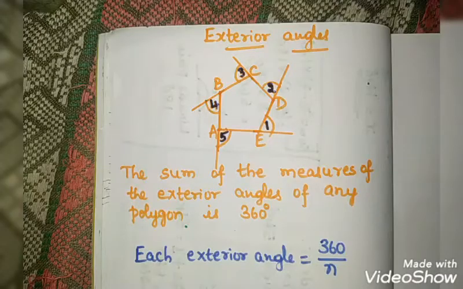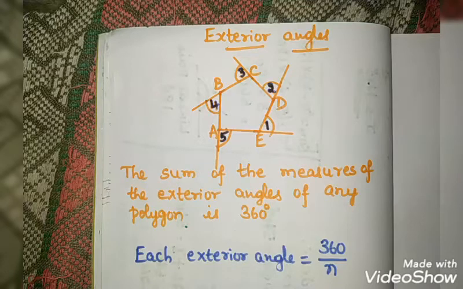Children, let us try to know more about polygons. Hitherto we studied the interior angles, how to find the sum of the angles, the angle sum property, all about polygons. Now let us move on to the next term, that is exterior angles of a polygon.